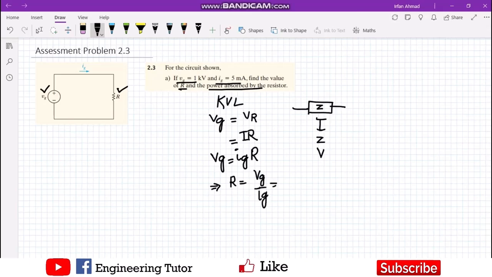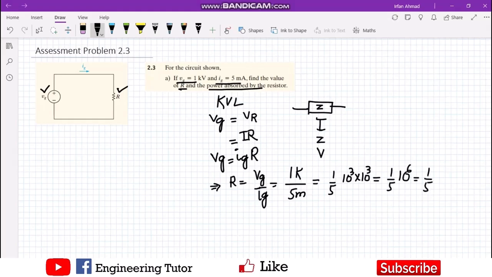Putting in the values: 1K divided by 5 milli, or 1 by 5 into 10 raised to the power 3 into 10 raised to the power 3, which is 1 by 5 into 10 raised to the power 6, or 1 by 5 mega ohm. So this is the value.